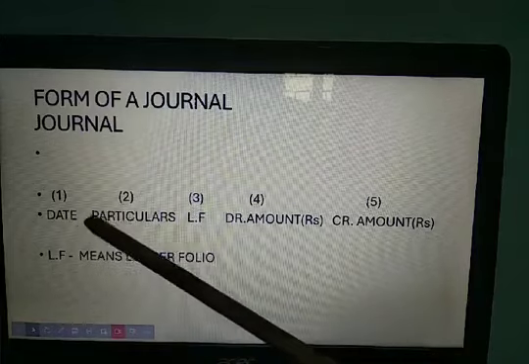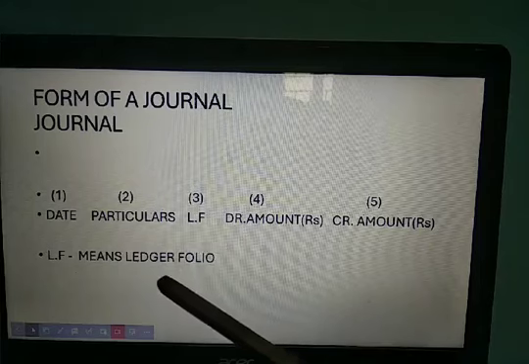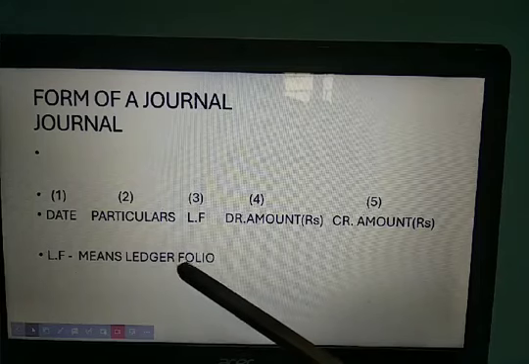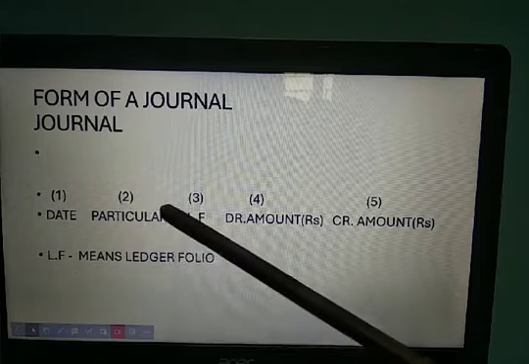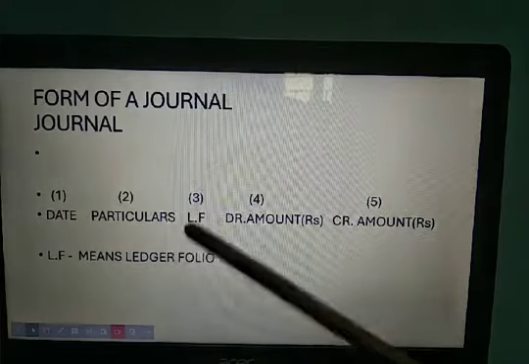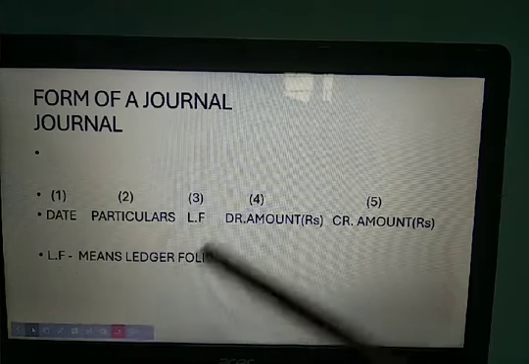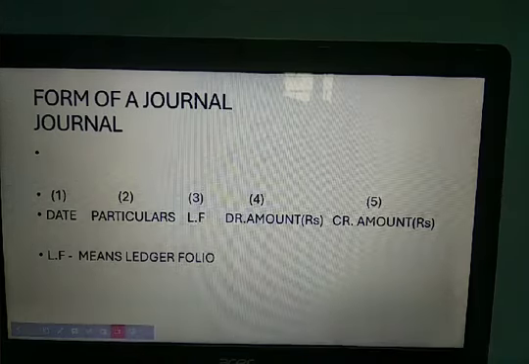First it will start with date, particulars, then the ledger folio, then debit amount, credit amount. LF is the short form of ledger folio. Initially you have to enter in the journal, then you have to post them into the ledger. So ledger folio is required for cross reference purposes.